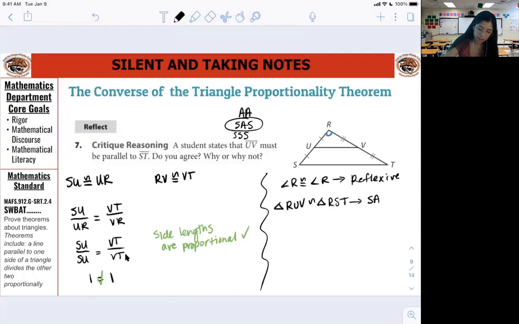That's because of SAS. And what is true about similar triangles? What would be congruent in similar triangles? Their angles, right?